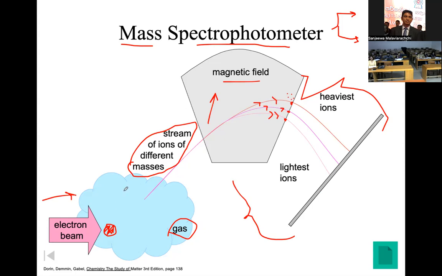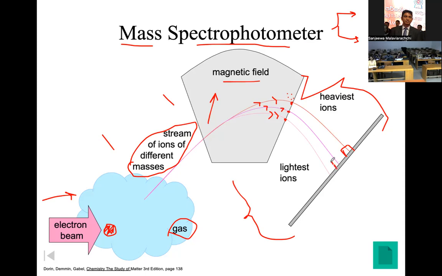So from this cloud, at a given time frame, the volume of gaseous material goes into the magnetic field and is accelerated. Because of that, at different places or at different time intervals, the ions hit. Based on the ion path, there are separate collectors in the detector, like cups.